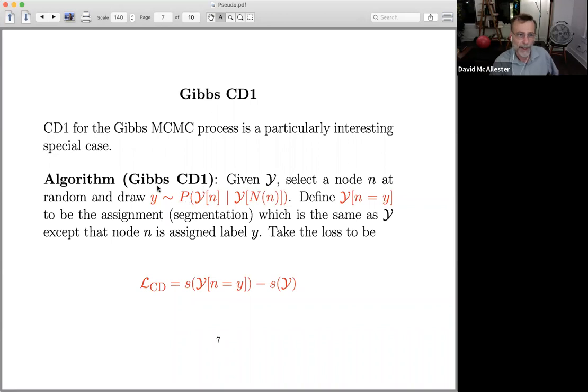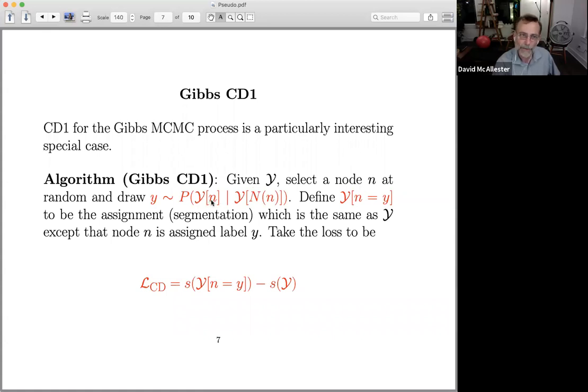CD1 means we take the Gibbs MCMC process and we take one step of the MCMC process to get our y prime. When we do one step, we're taking a random node and assigning it a new value according to the local Gibbs distribution on that value. So we're taking a gold label y, and we're drawing the color of a node n, where we draw n at random.